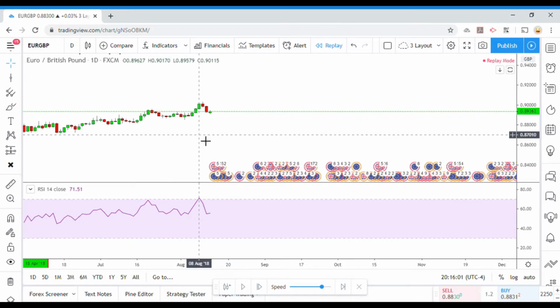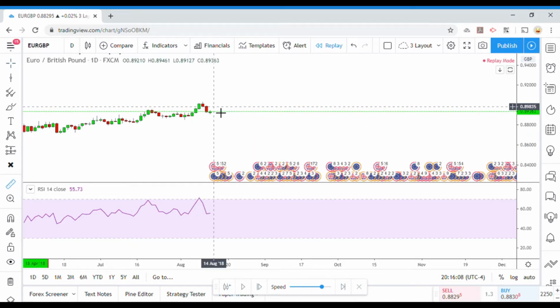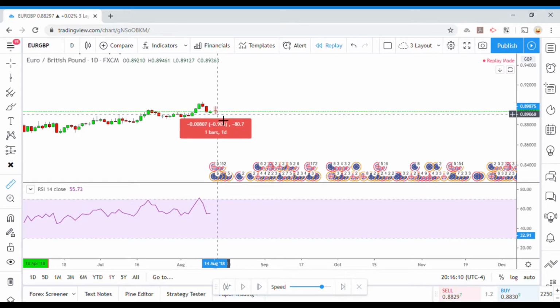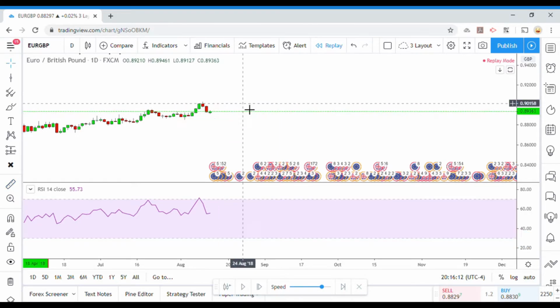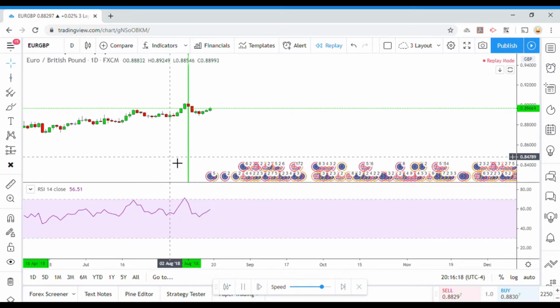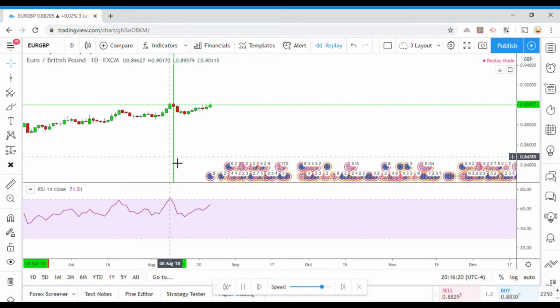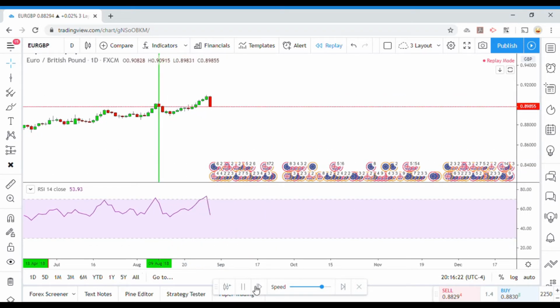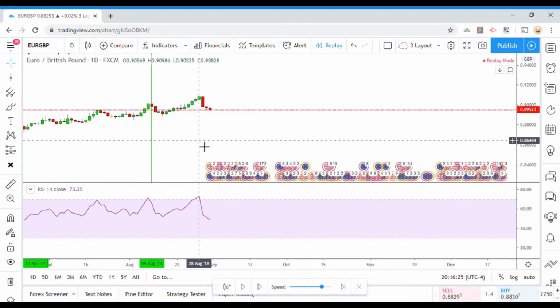Oop. What do we get there? There. That one. Did we get it? Looking for 50 pips. And we got it. RSI doesn't seem to be doing too bad now, does it?